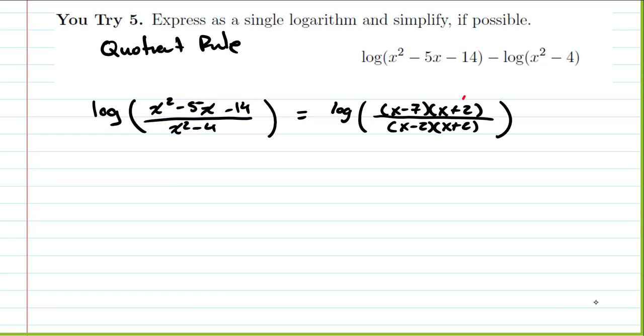After doing so, these two things reduce out, and we are left with the logarithm of x minus 7 over x minus 2. So we can express it as a single logarithm and simplify out some factors, right? So that's probably the fastest way to do that problem.